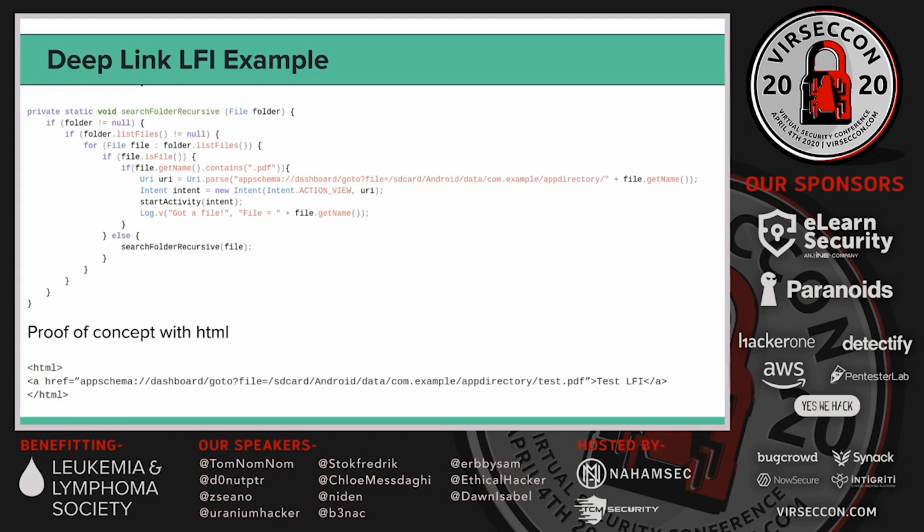I also included a proof of concept with HTML at the bottom, where you can see I used the exact same path in the deep link, except I provided the specific file to the deep link. This is very effective when there's a specific file with a lot of sensitive data.